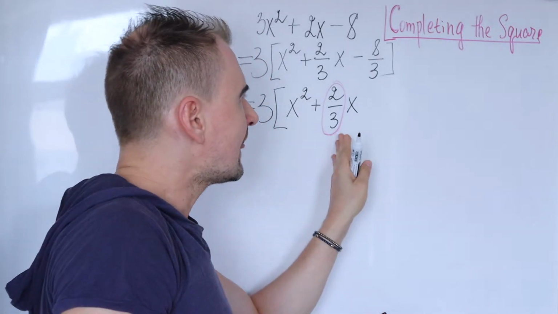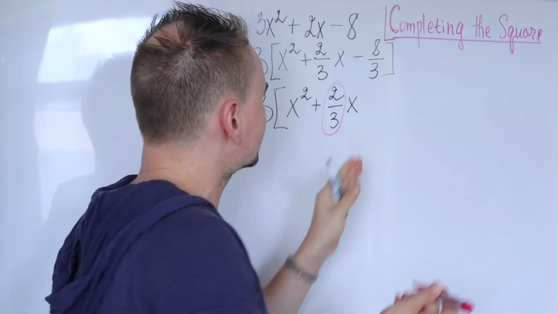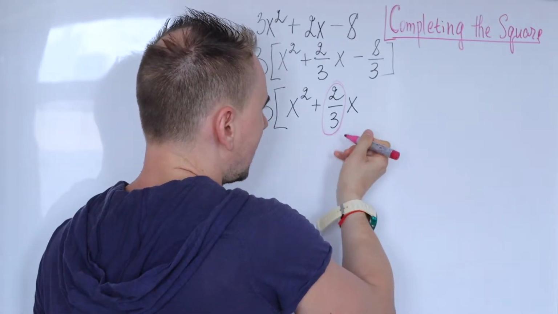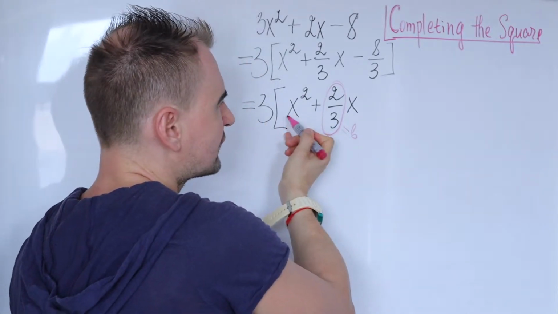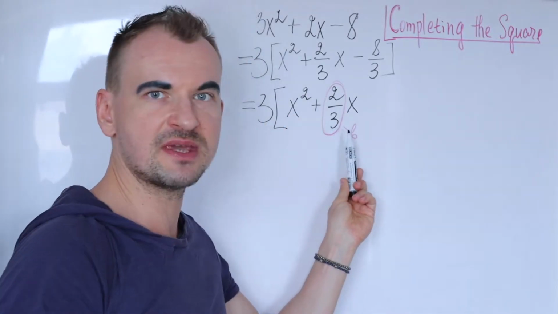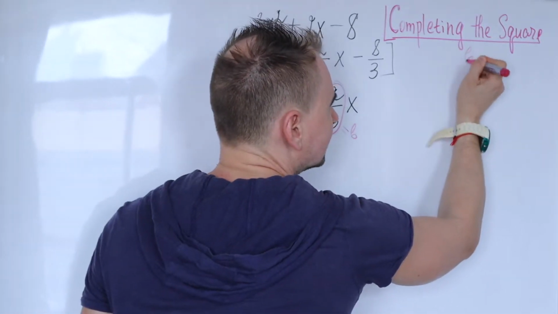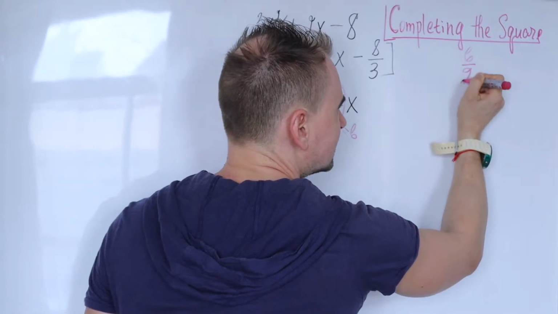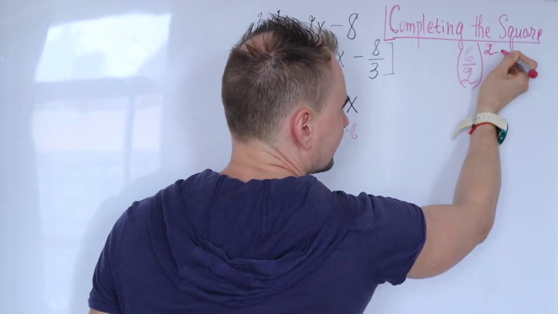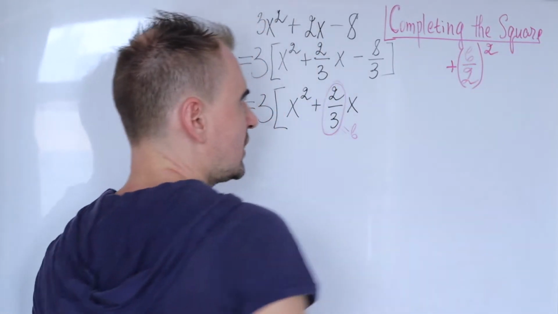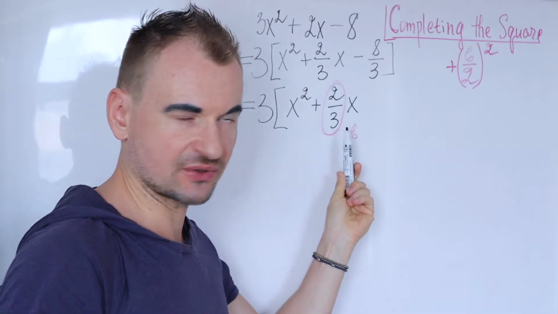Anyway, you take this middle coefficient, which is denoted by b, since this is a, the first coefficient, the middle coefficient b, and the last coefficient is c. You want to divide this coefficient b by 2 and square it. This number you want to add to your terms.